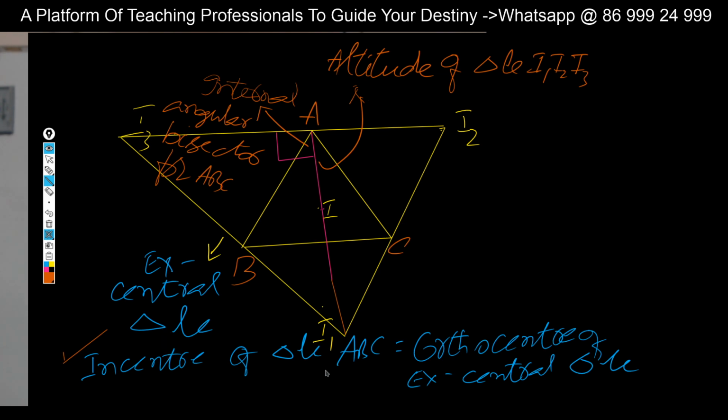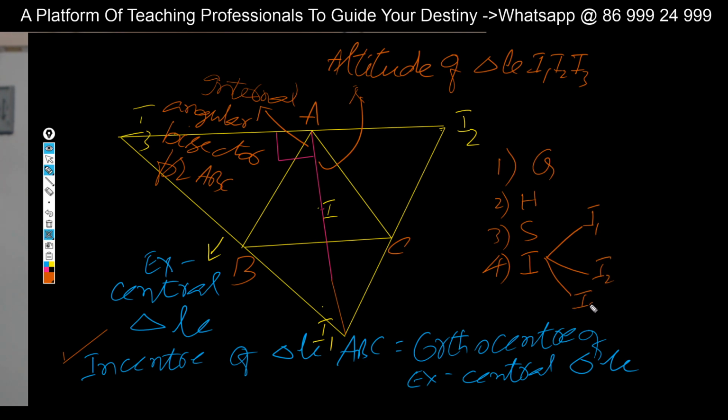Okay, this is about the centers of the triangle. So how many centers have we seen so far? Mainly, number one, the centroid, denoted by G. Number two, orthocenter, generally denoted by H. Number three, circumcenter, generally denoted by S. Number four, incenter, generally denoted by I. And related to this, there are three excenters, I1, I2, I3.